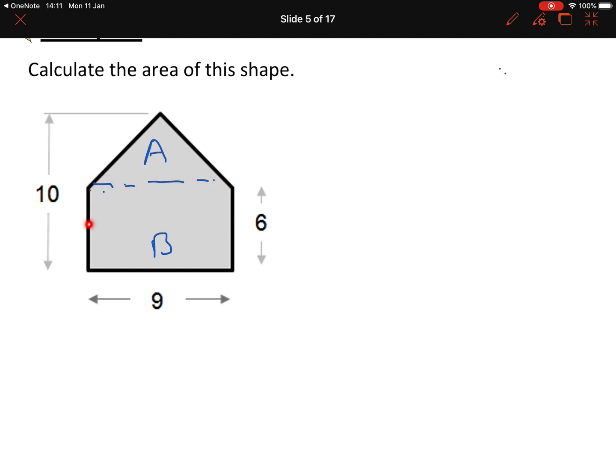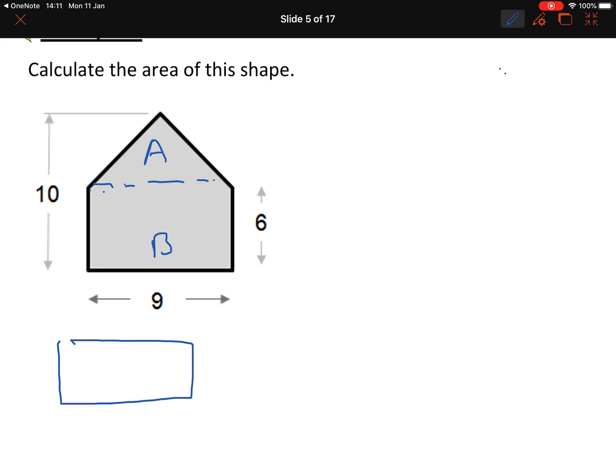So this side and this side would be exactly the same, and this side and this side would also be the same.